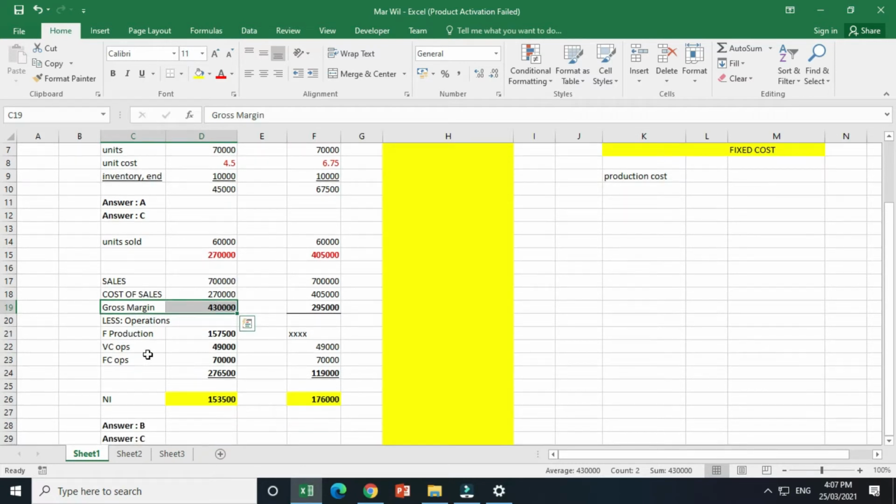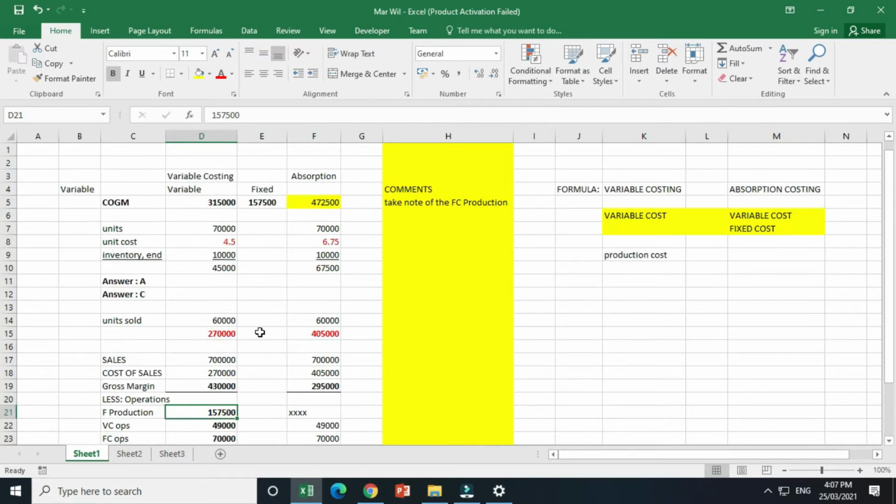Now take note, in the problem we have two operating expenses, 49,000 and 70,000. But under the variable costing, it must also include the fixed production costs, which is 157,500, under operations instead of the production.